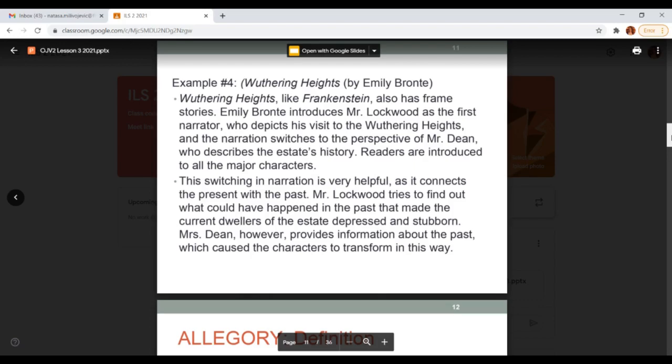So Mr. Lockwood depicts his first visit to the estate of Wuthering Heights. And then the narration switches to the perspective of Mr. Dean, who describes the estate's history, and readers are subsequently introduced to all major characters. So it starts from the outside, with the atmosphere and the setting.